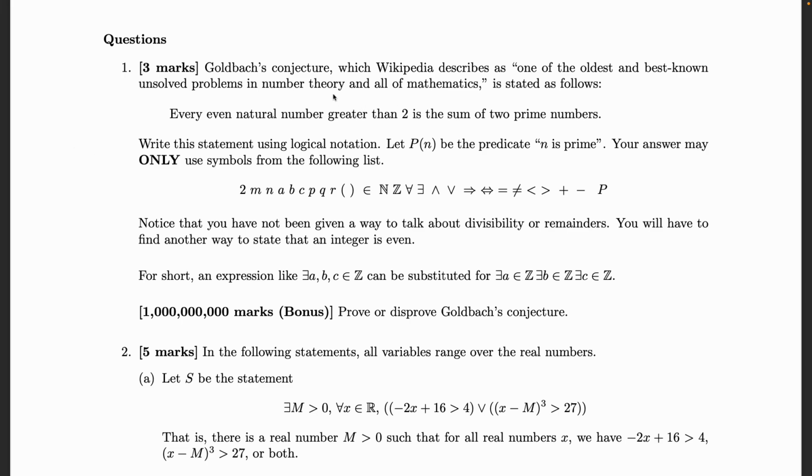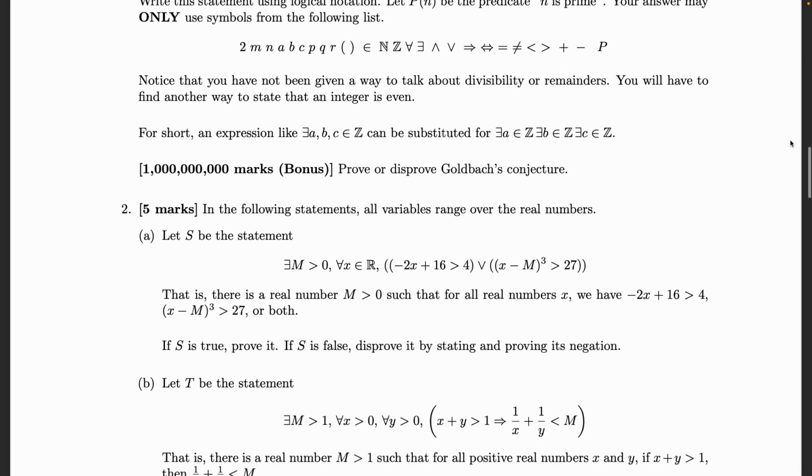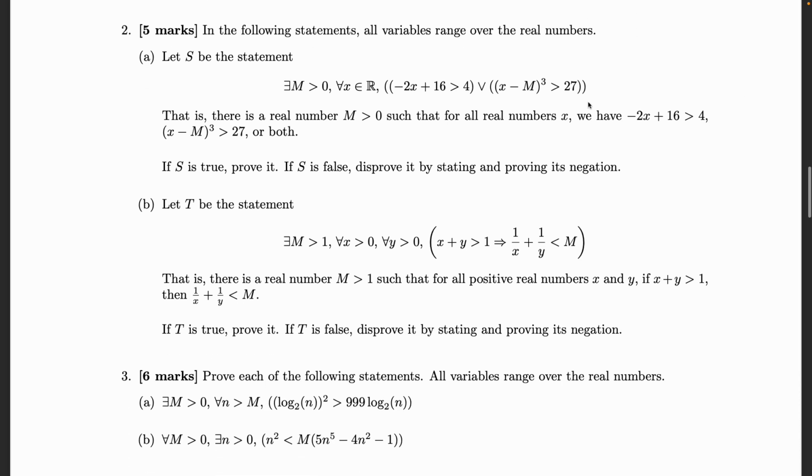So this will look something like, for all integers, blah, blah, blah, there exists, blah, blah, blah, even. Don't want to spoil it. And a big chunk of the assignment will just be proofs.